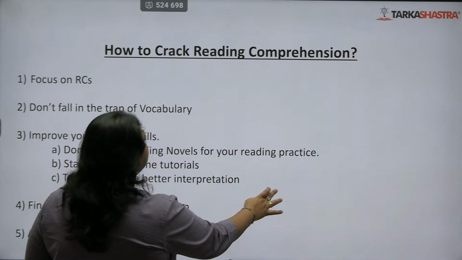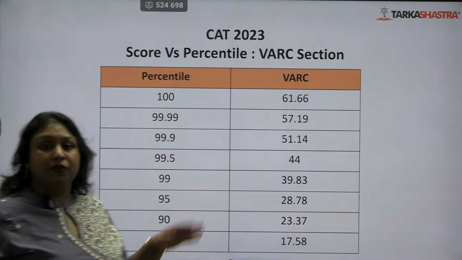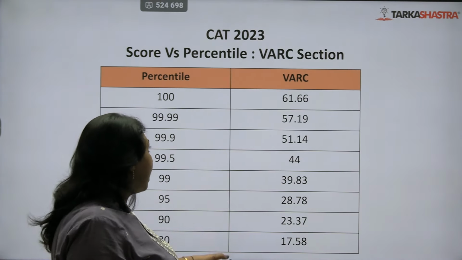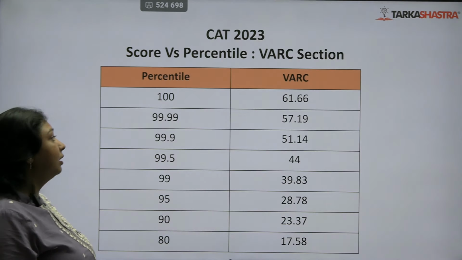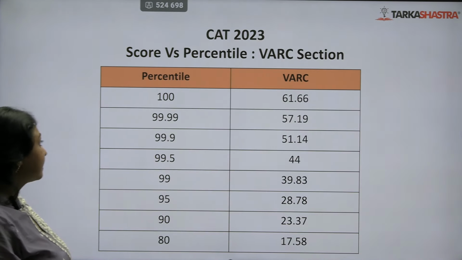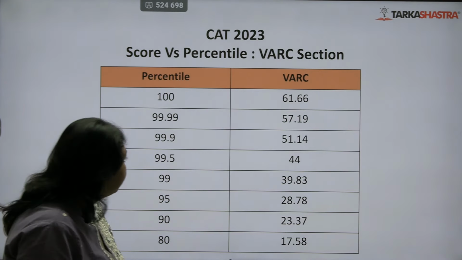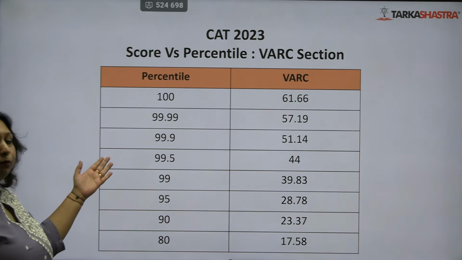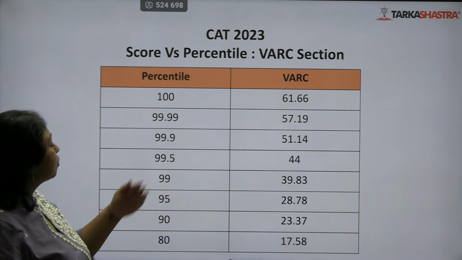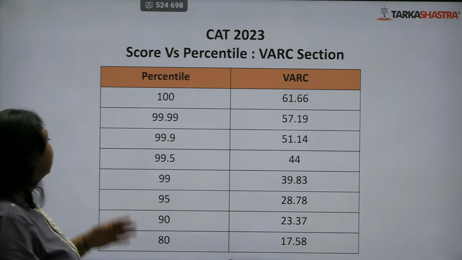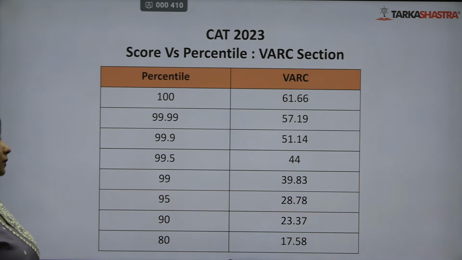Okay, let's just see how many percentile you could score with how many marks. So in the VARC section, if you score 61.66 marks, you would score 100 percentile. If you score 57.19, you would score 99.99 percentile. If you score 51.14 marks, you will score 99.9 percentile.